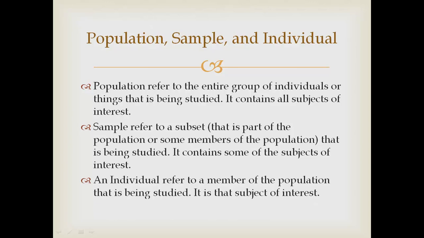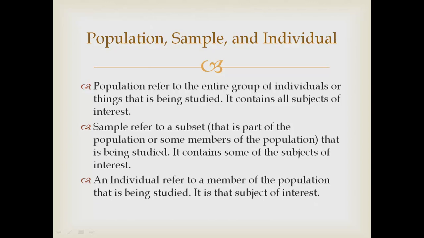Now, it is not possible to get the entire population of Colorado to know their eating habits. It would take so much. It would be very difficult. So what you want to do is to take some random sampling. Sample refers to some of those residents. From every county, you take some random sample, and you now survey those residents.